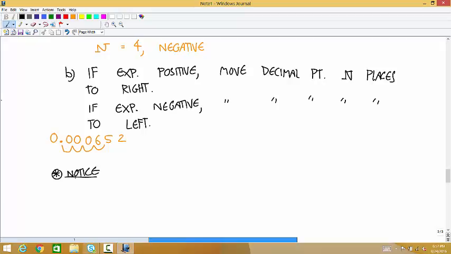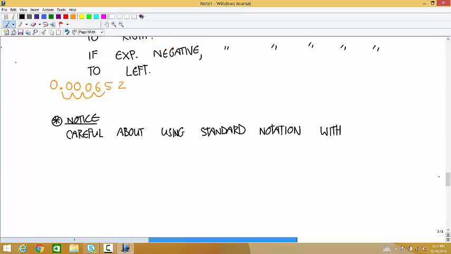Notice that you should be careful about using standard notation with, well, I guess the thing that I want to emphasize here is the very small numbers, tiny numbers.